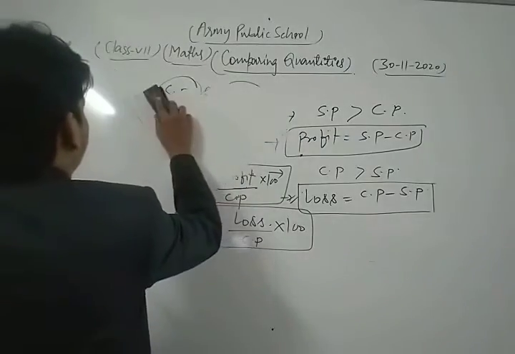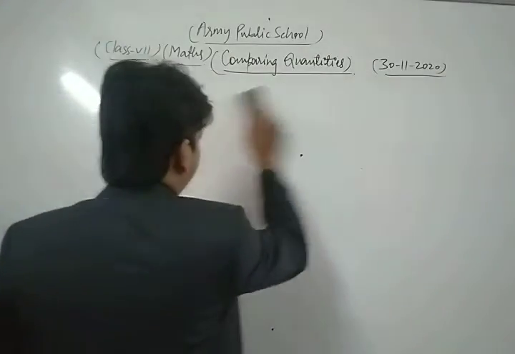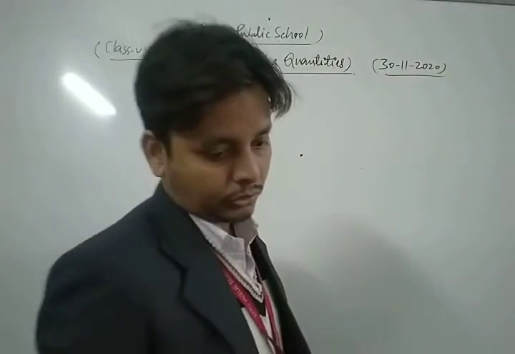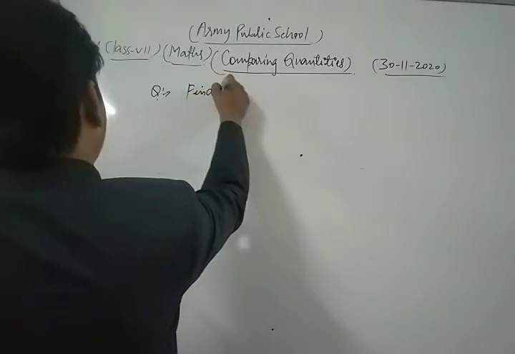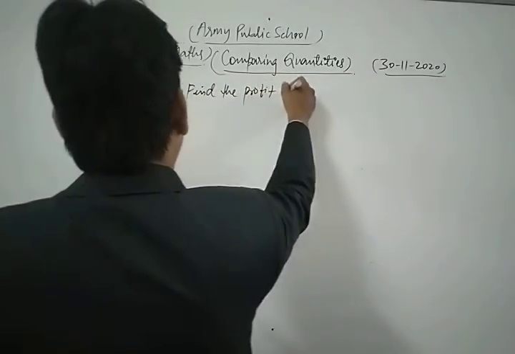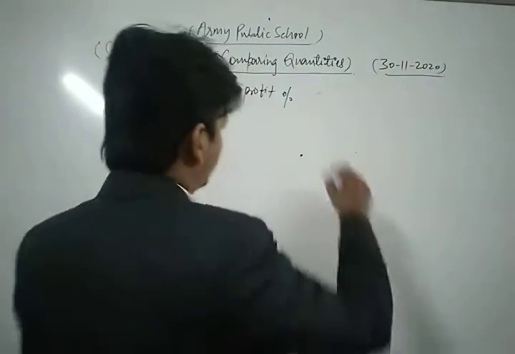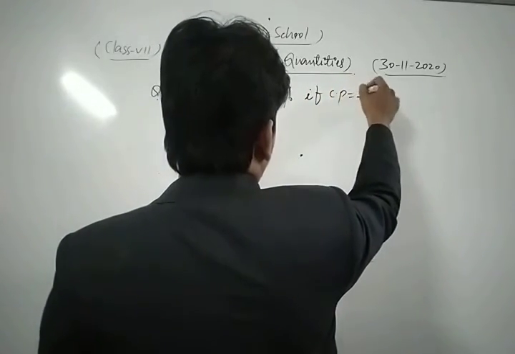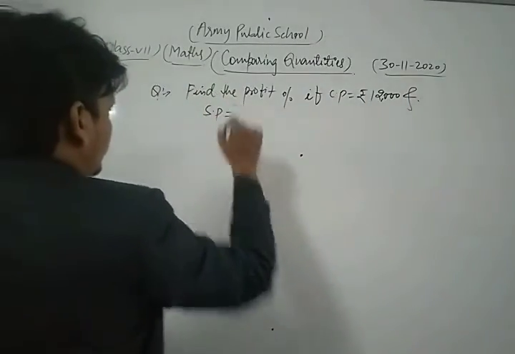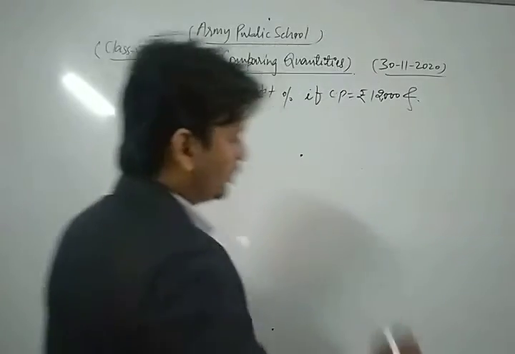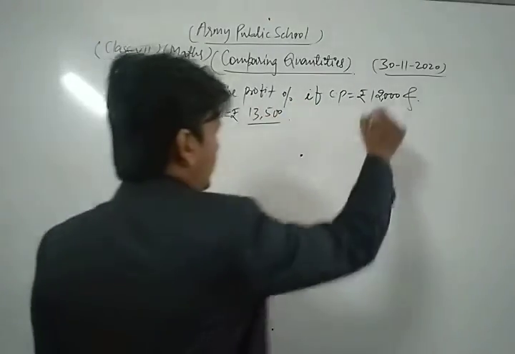Let's see. The question is: find the profit percent if the cost price is equal to rupees 12,000 and the selling price is equal to rupees 13,500.